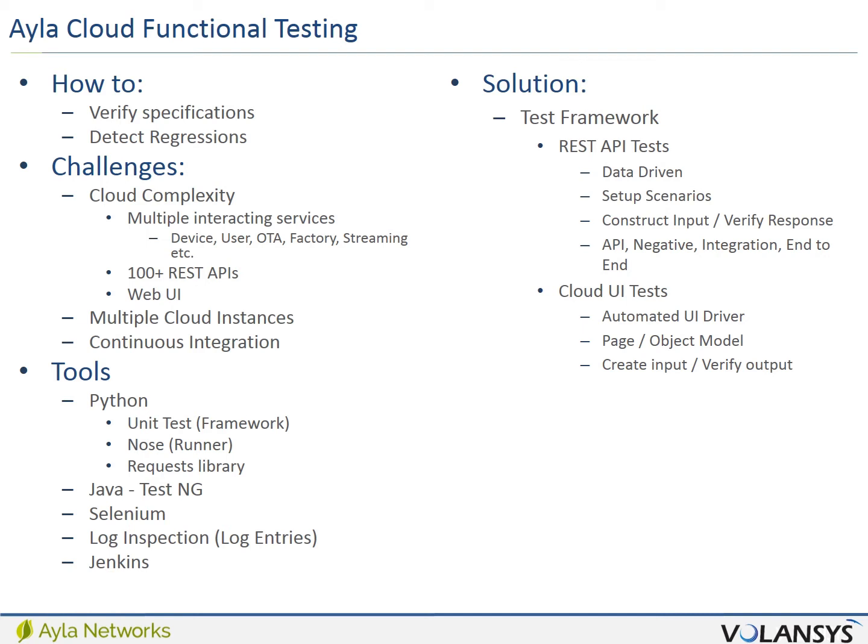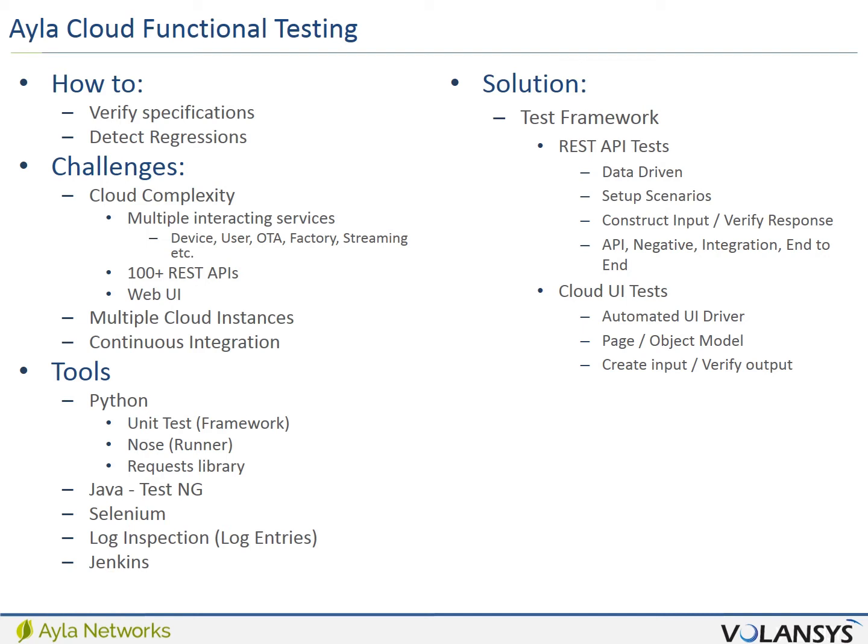Going on to tools, our test framework is built on top of Python's unit test framework, and we use Node as our test runner, and we use the Python request library to interact with the cloud using HTTP calls. Some other tools that can be used are Java and TestNG.